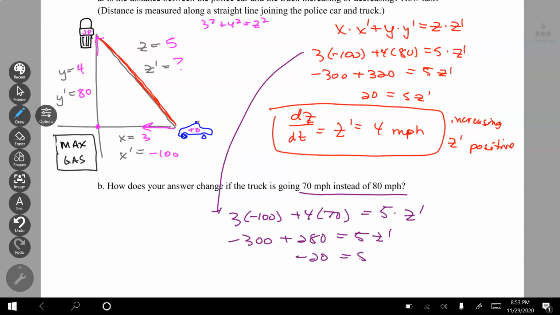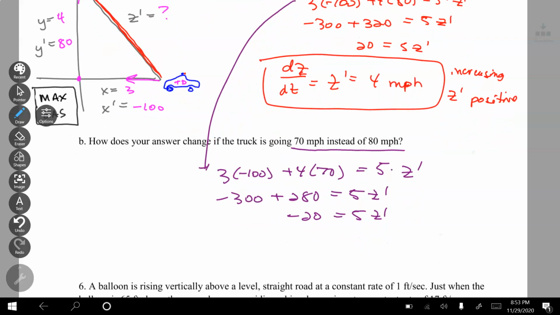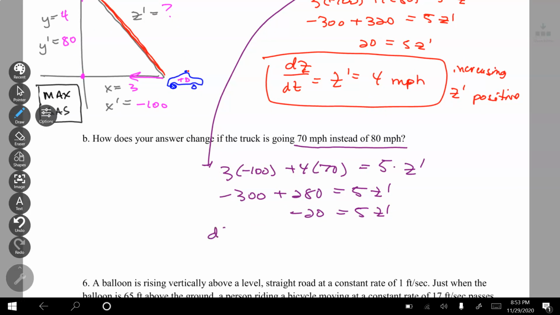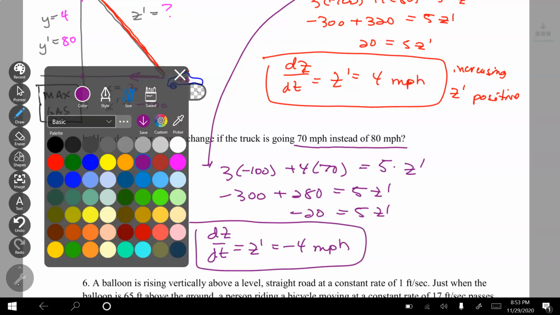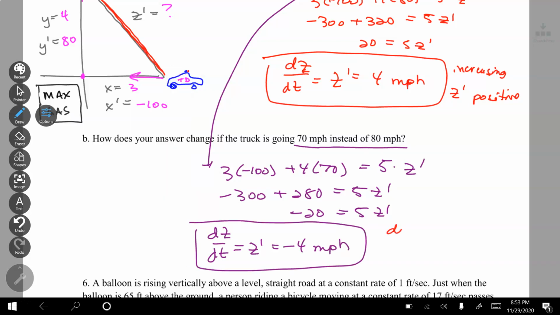Negative 20 equals 5z prime. So my rate of change, my dz over dt, or my z prime, is going to be negative 4 miles per hour. So the distance is now decreasing because z prime is negative.